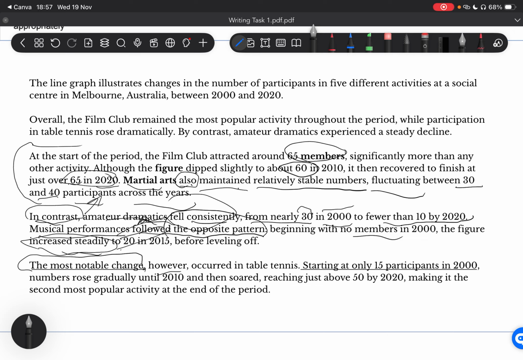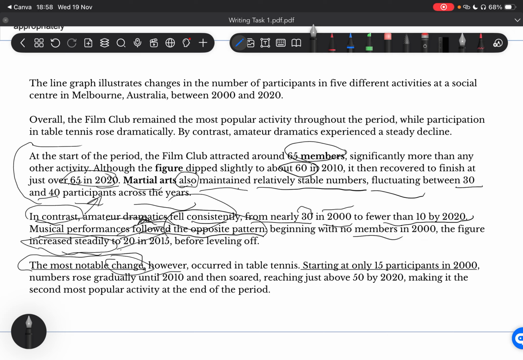It tells us that this paragraph is going to be about the most notable change. So the thing about cohesive devices is that they tell the reader what the paragraph is going to be about. So it's really helpful that you've put your focus on that.